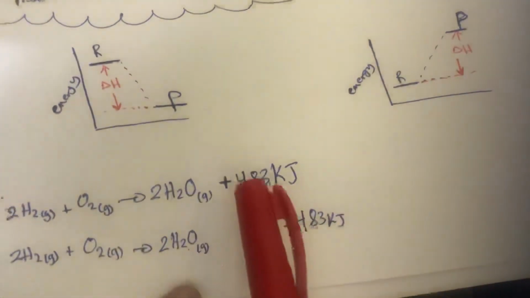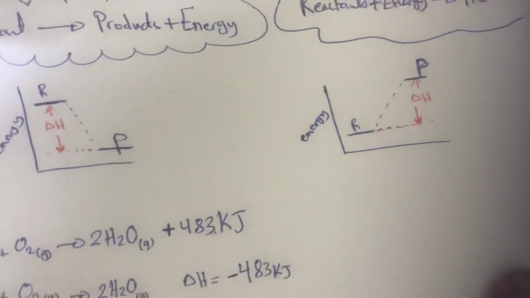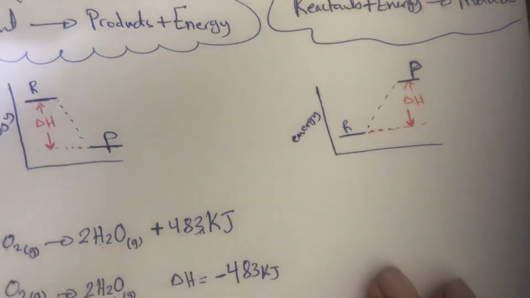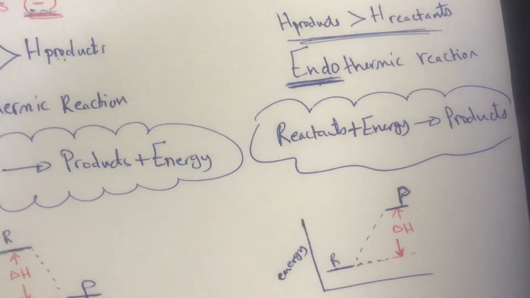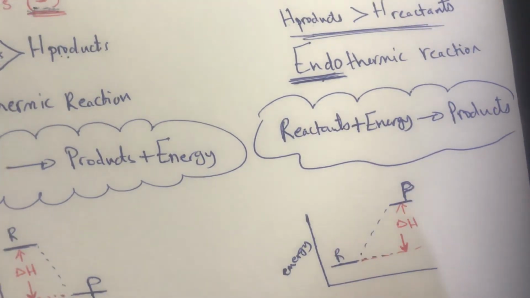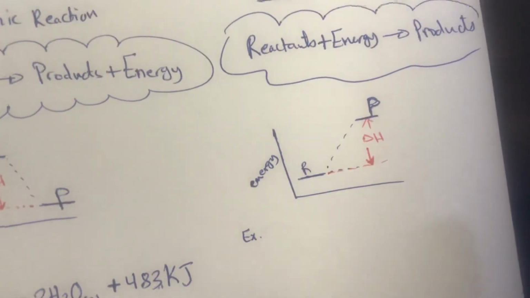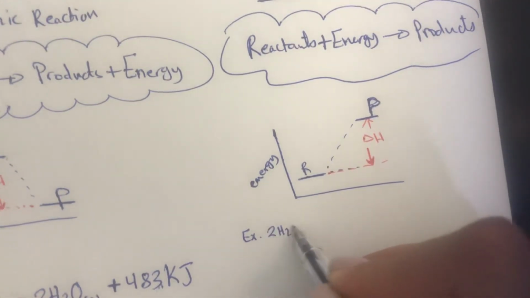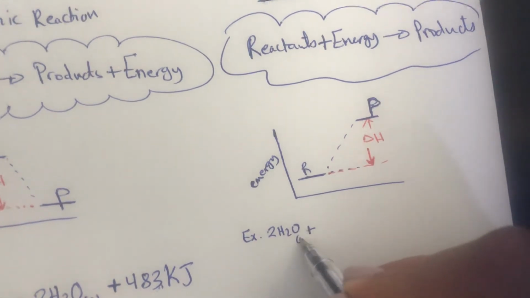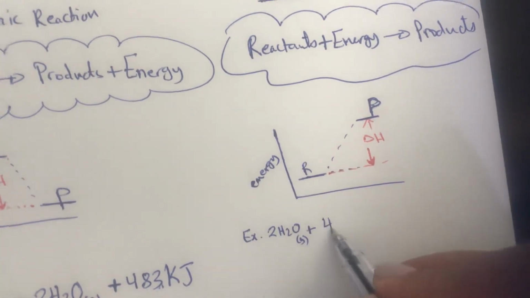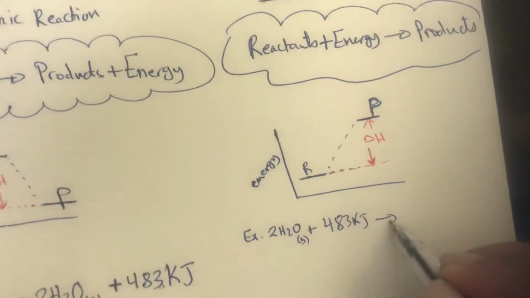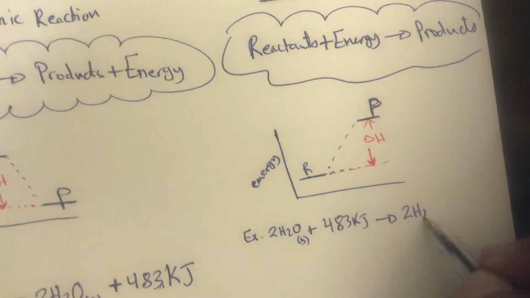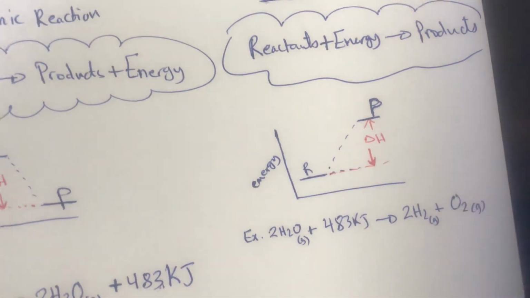How can you tell from chemical equations that the reaction is endothermic? The energy must be with the reactant. For example, 2 moles of water plus 483 kilojoule will give 2 mole of hydrogen plus 1 mole of oxygen gas.